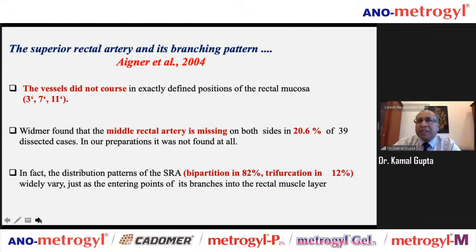Anal cushions, we know, are present at 3, 7, and 11, but the position of the vessels may not be constant. And when the vessels are present in the distal part of the rectum, that is the branches of the superior hemorrhoidal artery, in 82% of cases there is bifurcation, and in 12% of cases there is trifurcation.